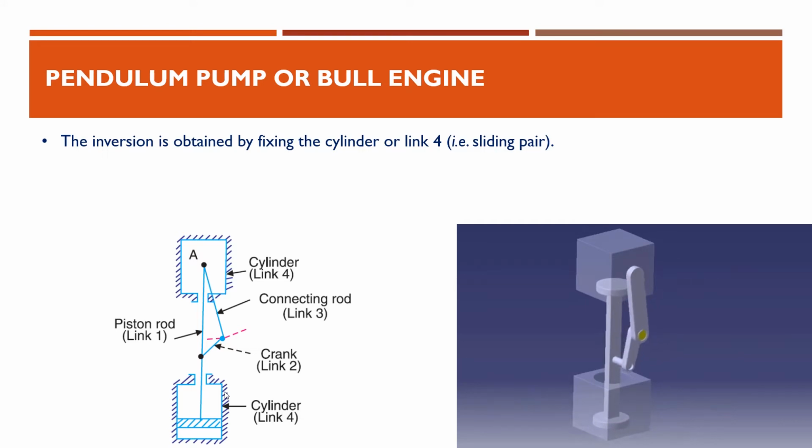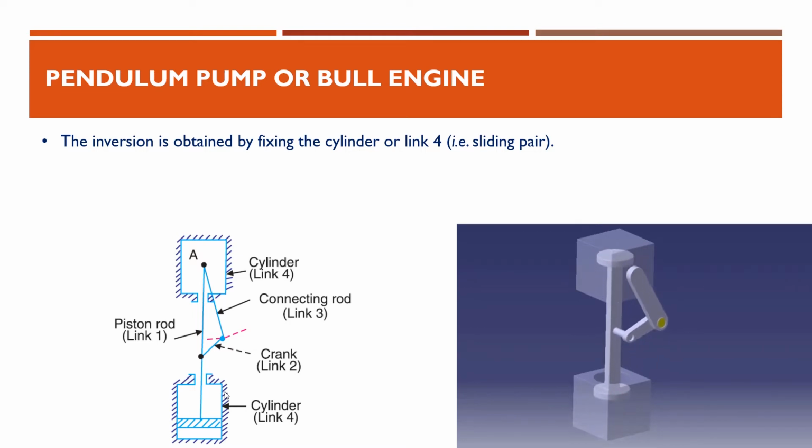See, first you need to mention which link is fixed in this mechanism. That is the first thing. As I already explained, here we need to explain which link is fixed, what are the various other links and what is the basic function.